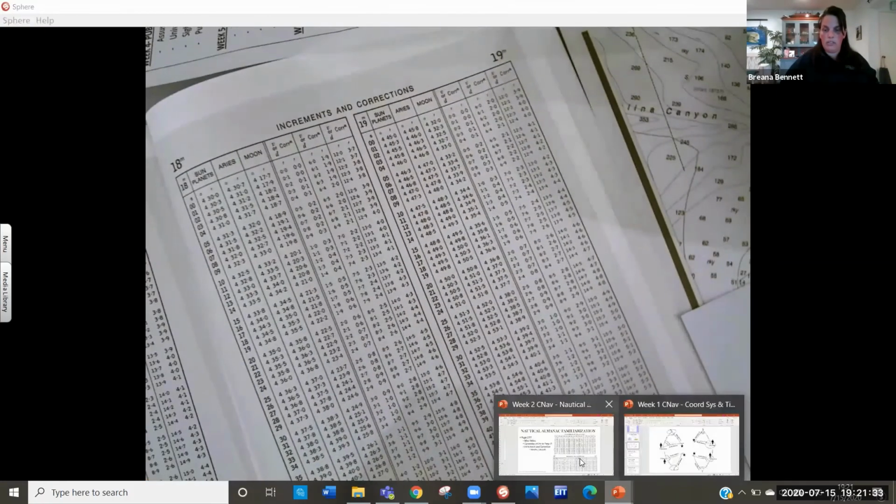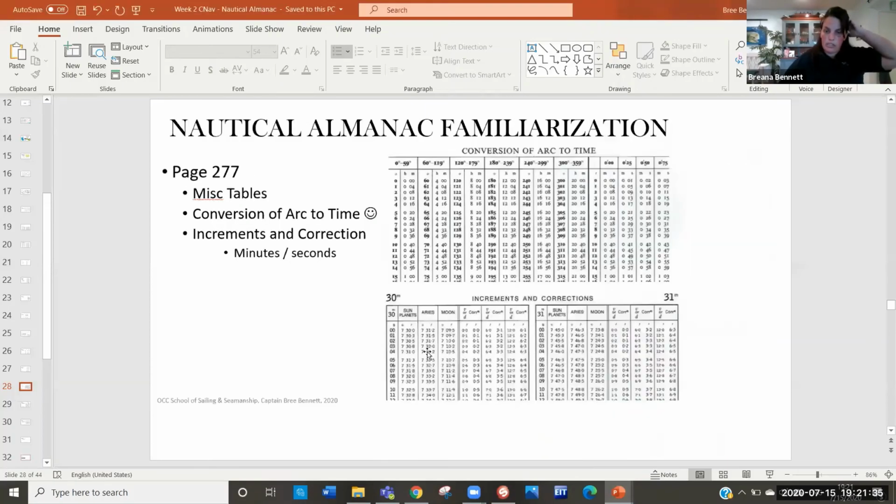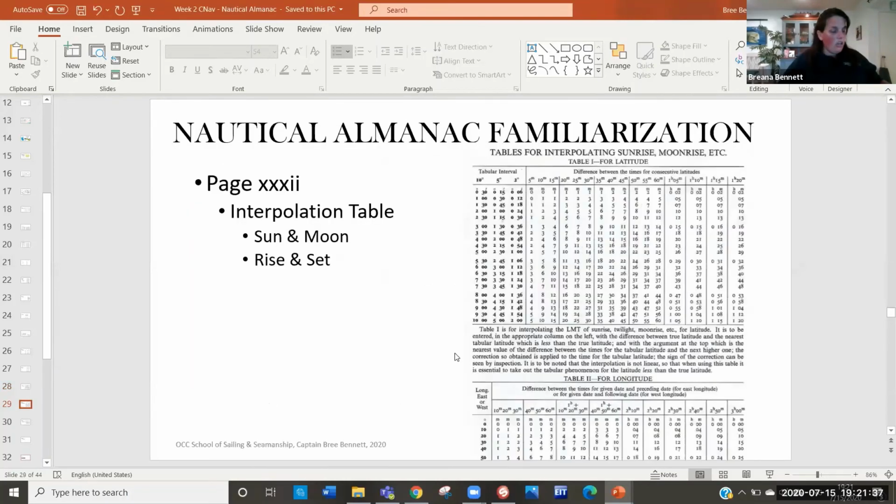Okay, back to this page. Okay, so after minutes and seconds, we get our altitude correction. So yeah, I have XXXII.